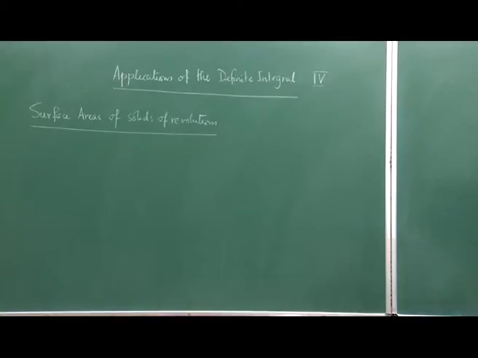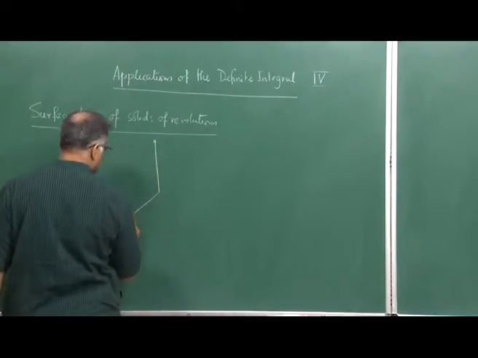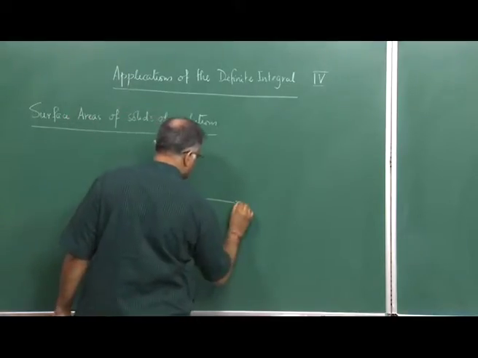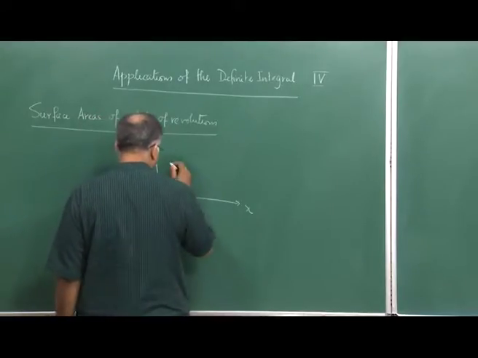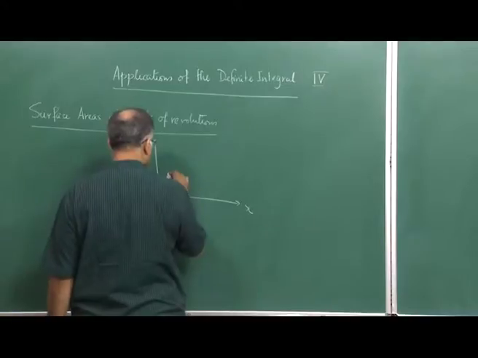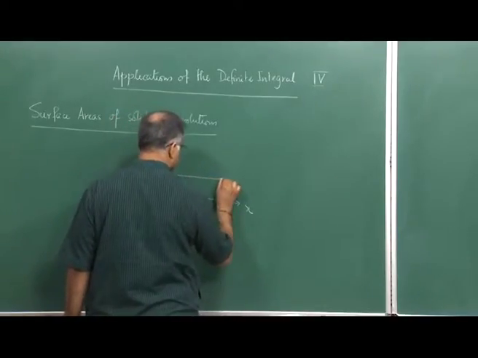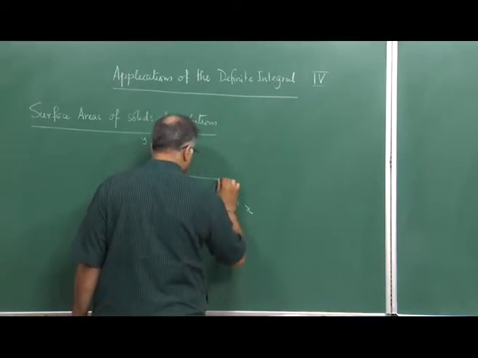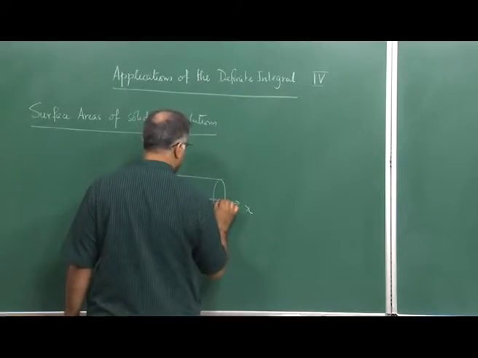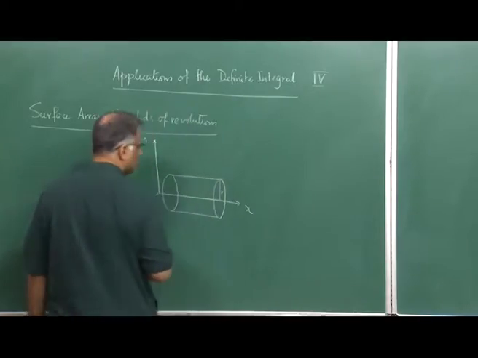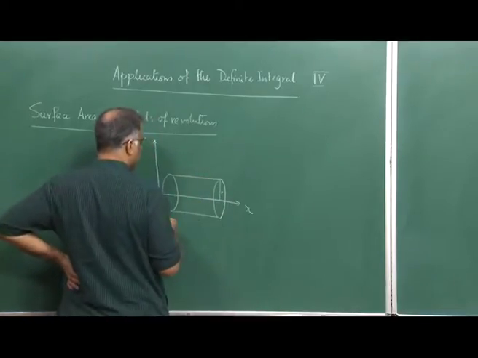So, that is a key idea when you are working with surface areas. Suppose you have this situation, this is x, this is y, and basically I have rotated a rectangle around this x axis. So, what I generate is a cylinder of radius r, which is the length of one side of the rectangle or half of it.